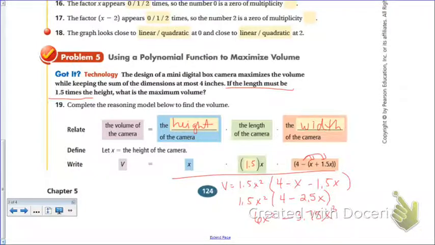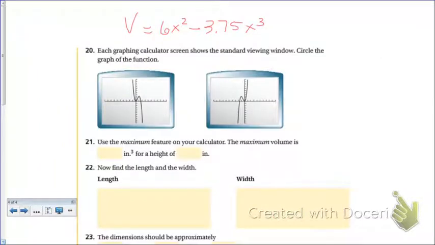So that's what represents volume, that polynomial. Okay, and then we have our volume equals 6x squared minus 3.75x cubed. If we write that in standard form, that's going to be negative 3.75x cubed plus 6x squared.